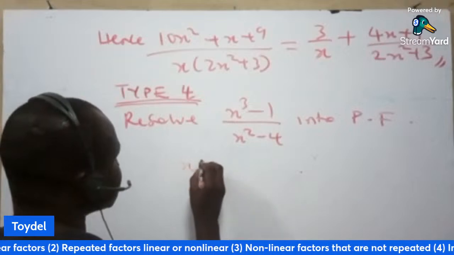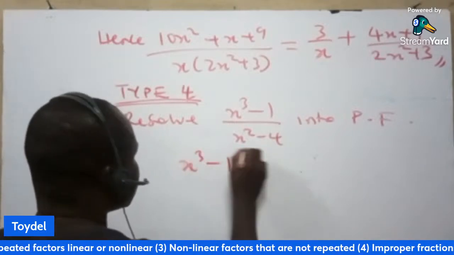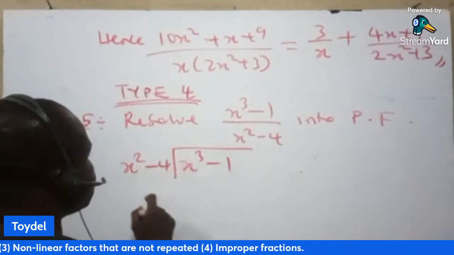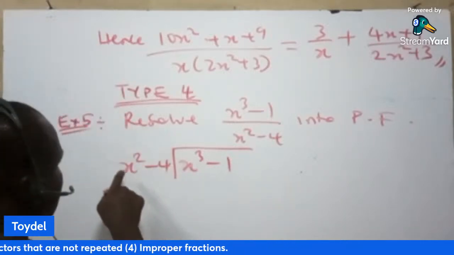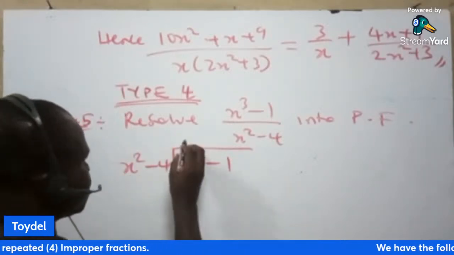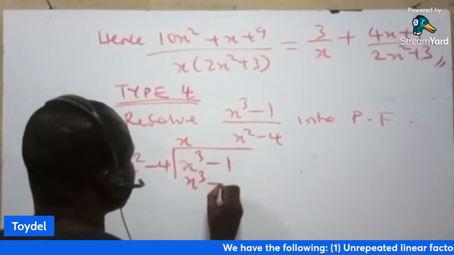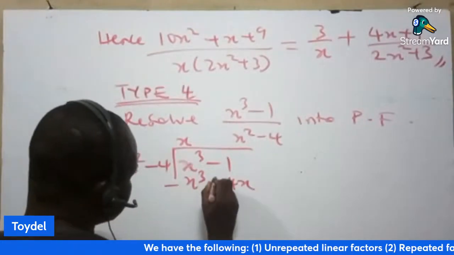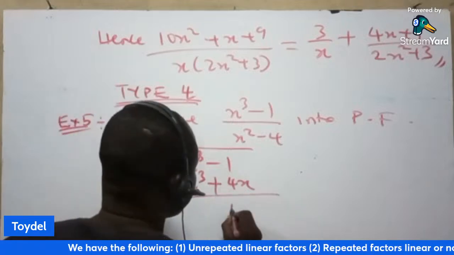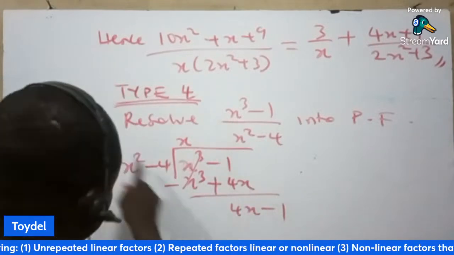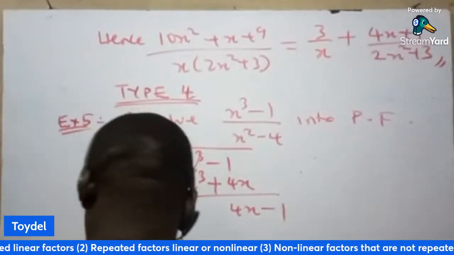I will put s cubed minus 1 in, then I will divide it by s squared minus 4. What will I use to multiply s squared to get s cubed? That is s. So s times s squared is s cubed minus 4s. You introduce minus, this will be plus, this will cancel out. So I am going to have 4s minus 1 as the remainder, because s squared cannot divide 4s. So this is what you are going to have.